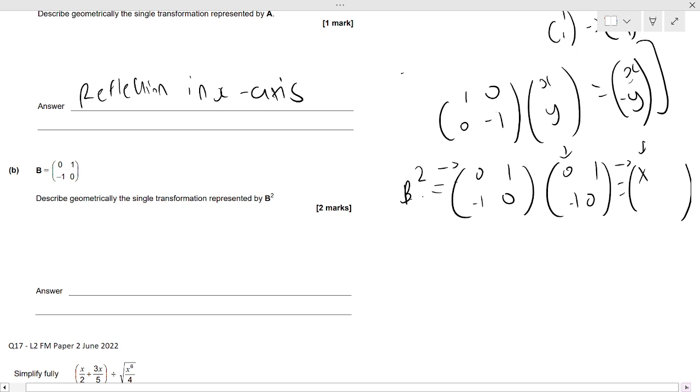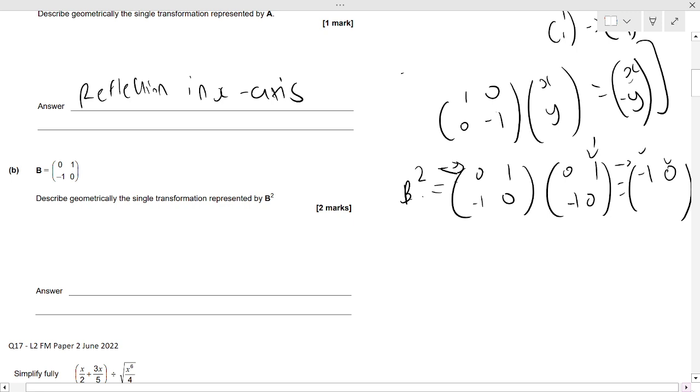So that's going to be 0 times 0, which is 0, add 1 times minus 1, which is minus 1. And then we want this one here, the first row, the second column. So it's going to be 0 times 1, which is 0, and then 1 times 0 is 0.